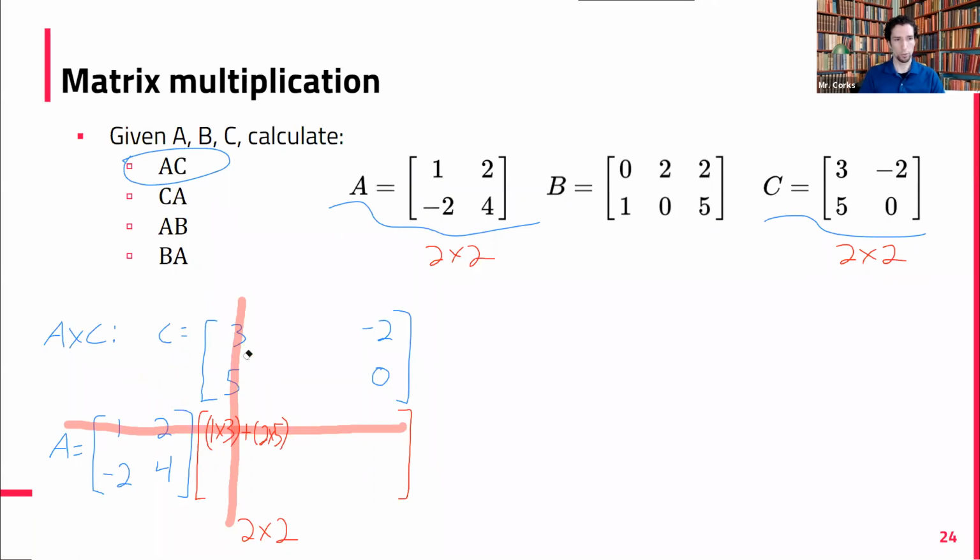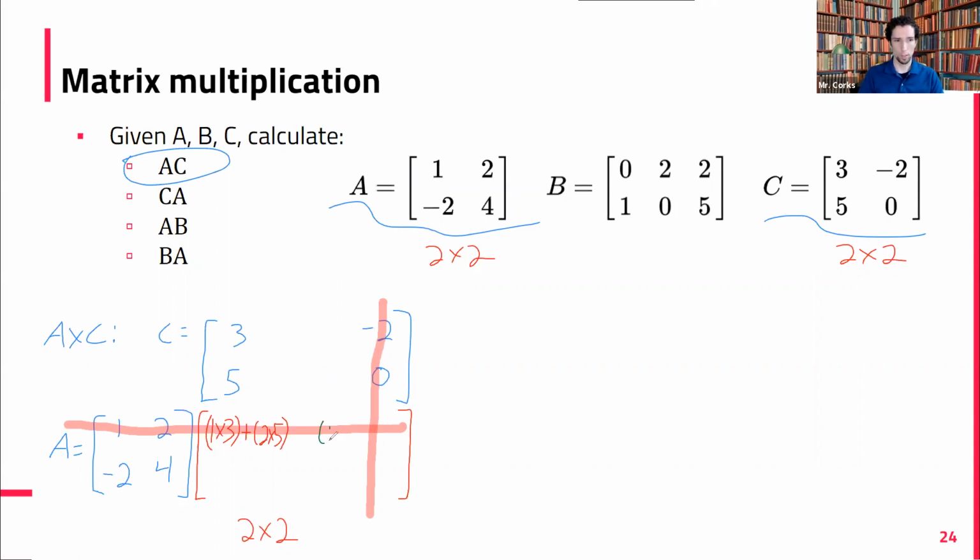All right, let's do the next operation, which will be first row still, but now times the second column here. What times what plus what times what? Tell me what the next position will be. 1 times -2.